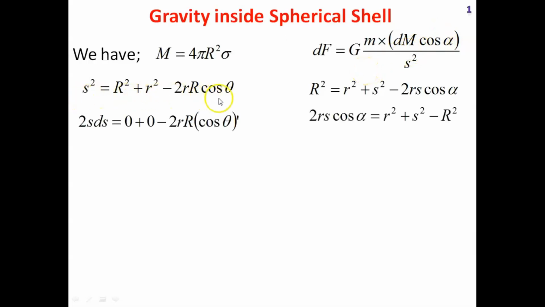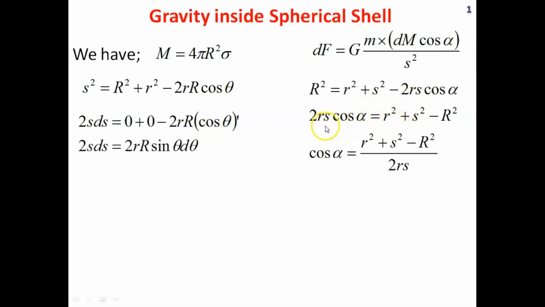Differentiating this cosine formula, we have the derivative of s square as 2s ds equal to, this being constant, the derivative will be 0, and we have to operate minus 2rR also as a constant, and the derivative of cos theta we have to obtain. Similarly here we are rearranging this equation to obtain cos alpha.